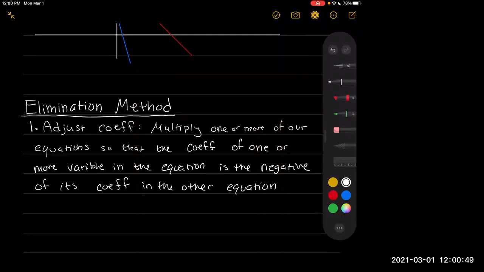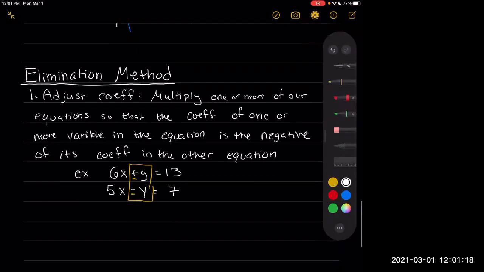So, for example, that would be like if we had 6x plus y equals 13, and 5x minus y equals 7. So you see here how we have a positive and then we have a negative. So if you were to add these two equations together, those would cancel.